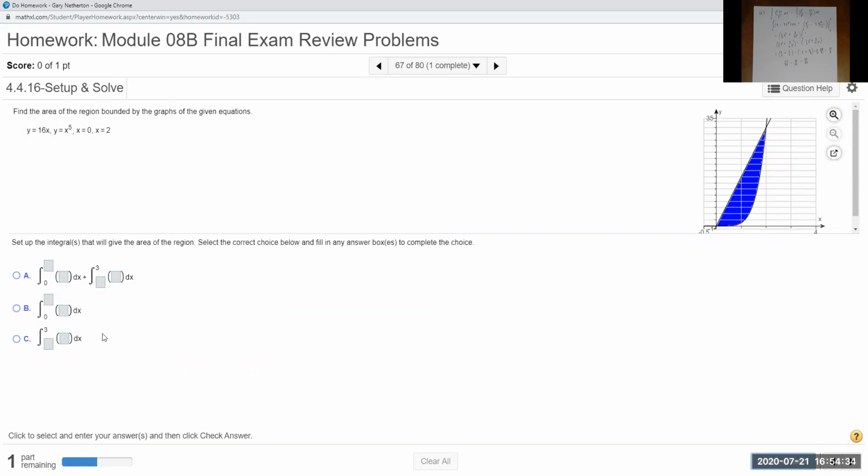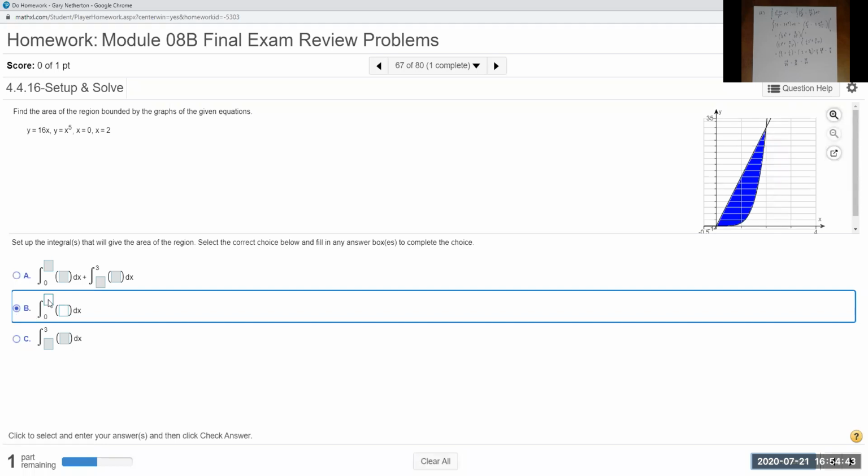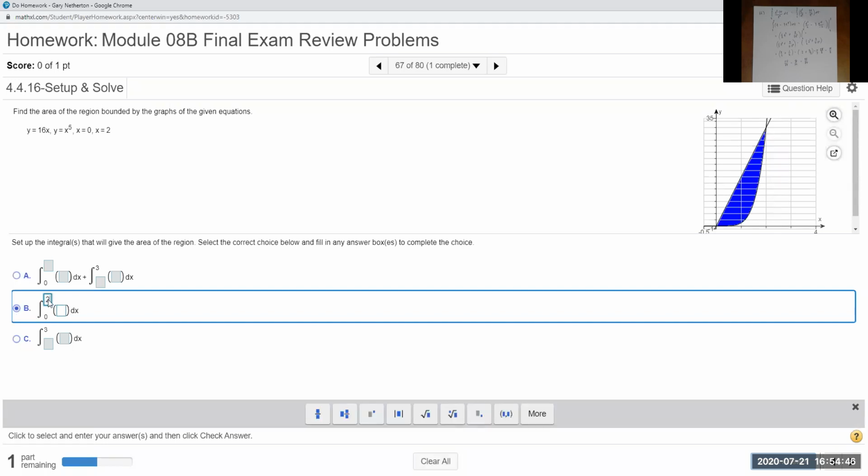So it's going to be one integral, and we're going from 0 to 2. So it's got to be b. It's going to be 16x minus. So you take the function that is higher up on the y scale, minus the function that's lower.